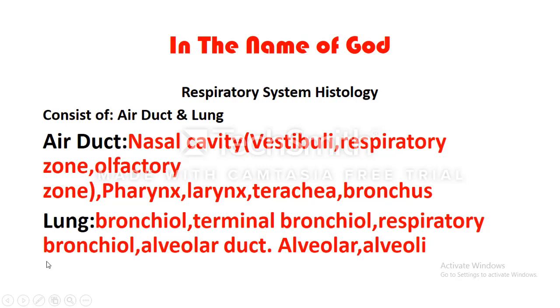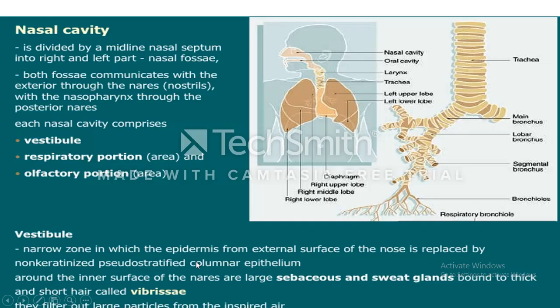Lung consists of bronchial, terminal bronchial, respiratory bronchial, alveolar duct, alveoli. Nasal cavity divided three parts. 1. Vestibule, 2. Respiratory portion, and 3. Olfactory portion.